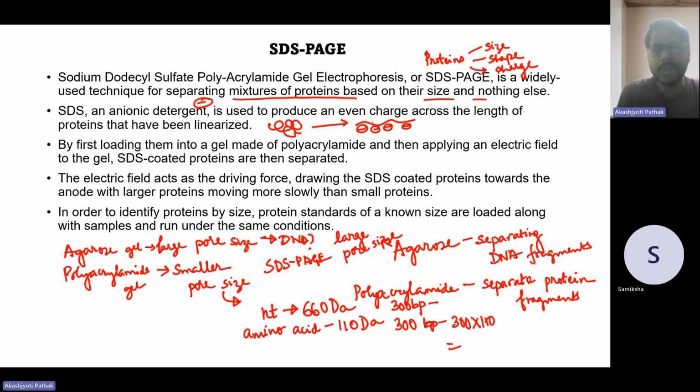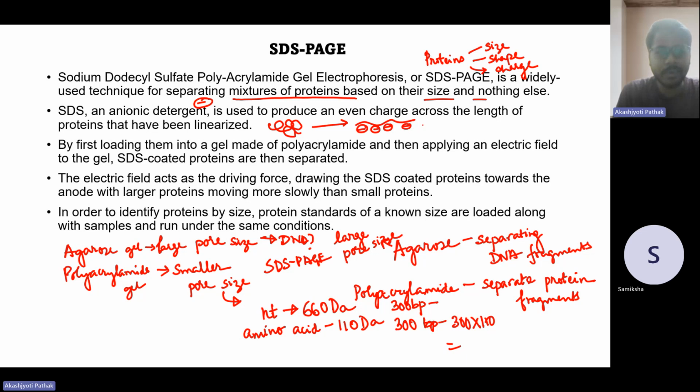So now, when you linearize the protein and add a negative charge uniformly along its length, the only thing that is left is the size. The protein molecules will get separated only on the basis of their size, and not on the basis of their charge or shape. Okay, so SDS is doing two things.